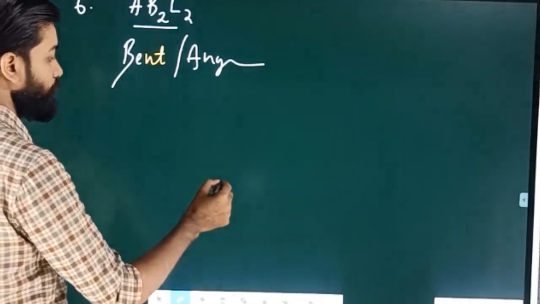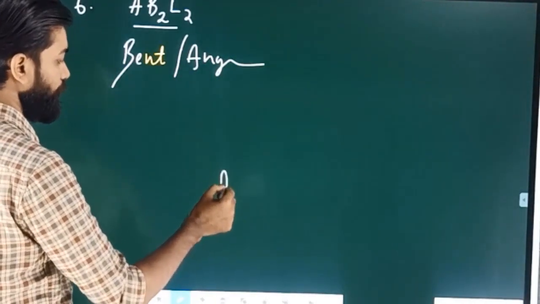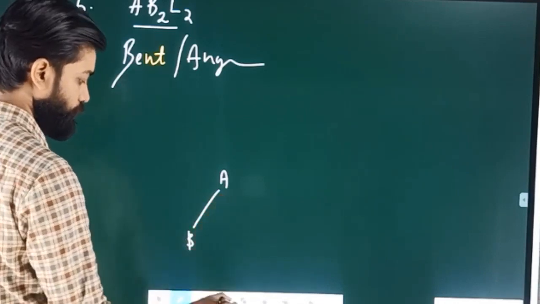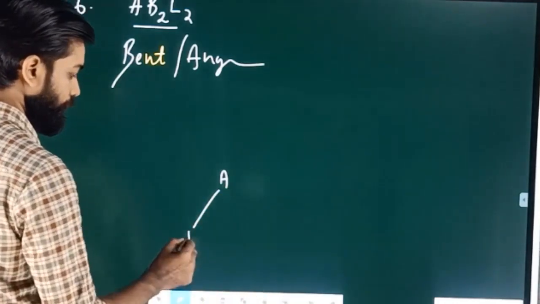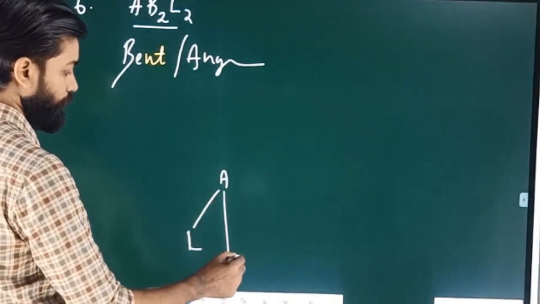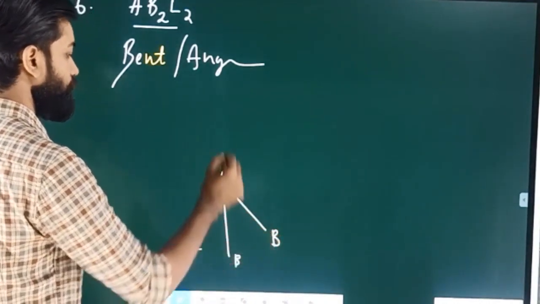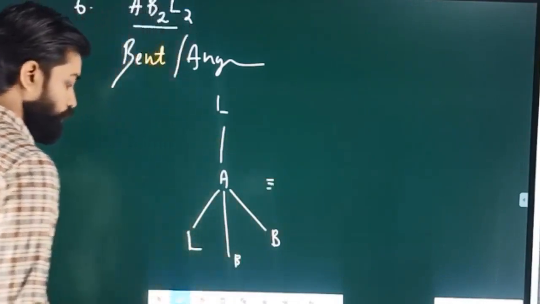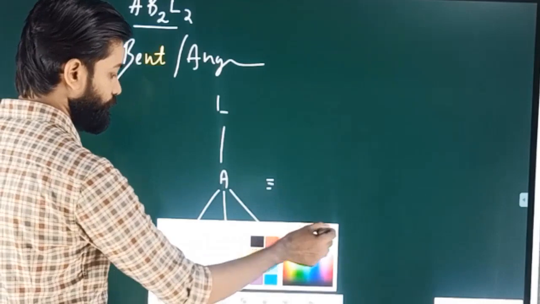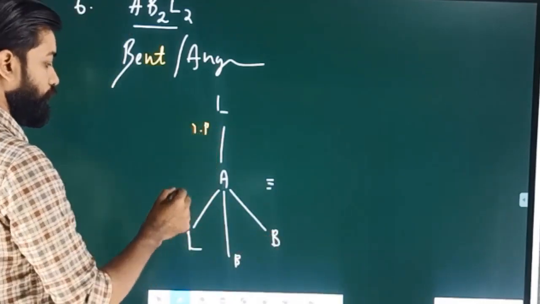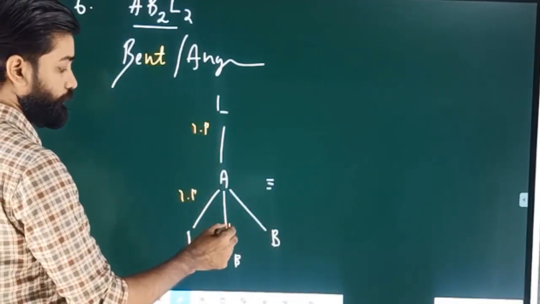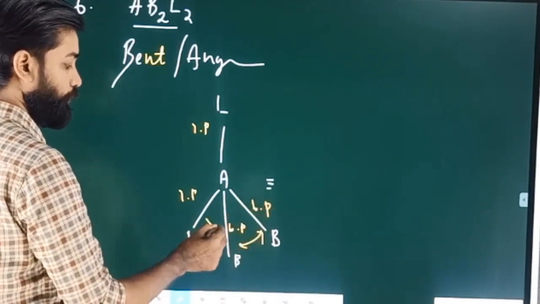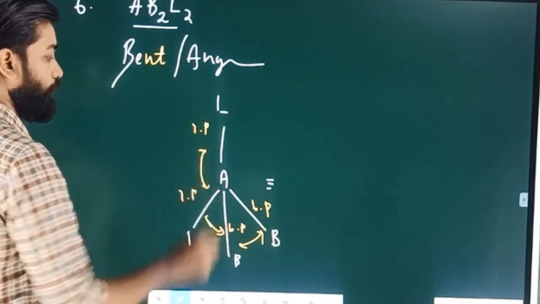The shape is something like this: A, here is a B, here is the lone pair, here is the B, here is the lone pair. What is special here is that it creates all kinds of repulsion: bond pair, bond pair, bond pair, lone pair, lone pair, lone pair.